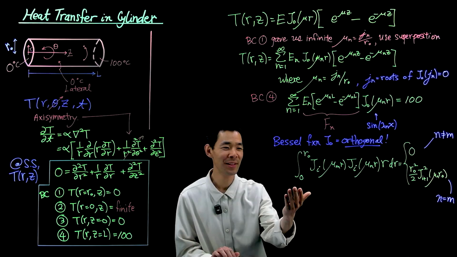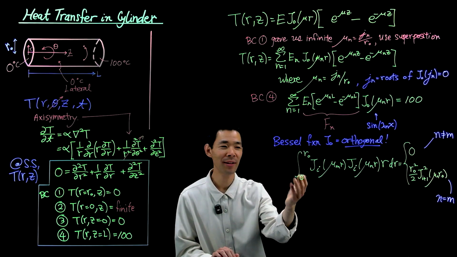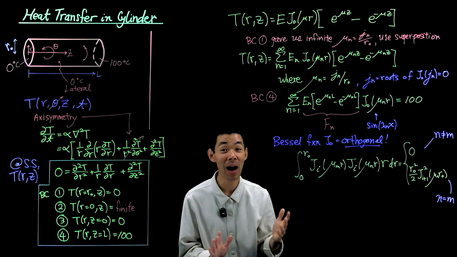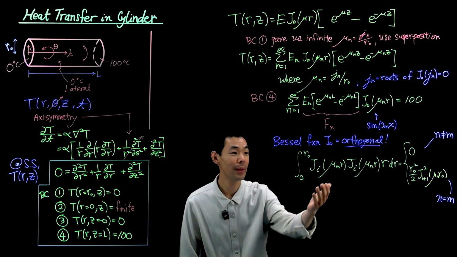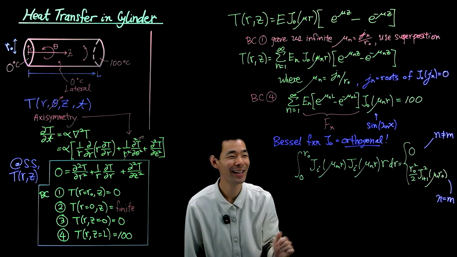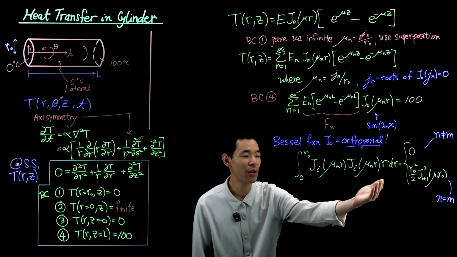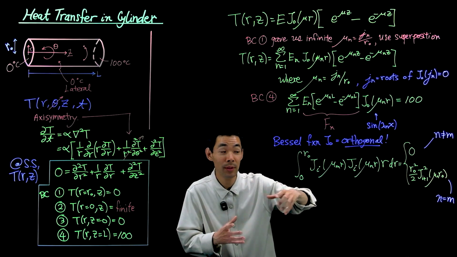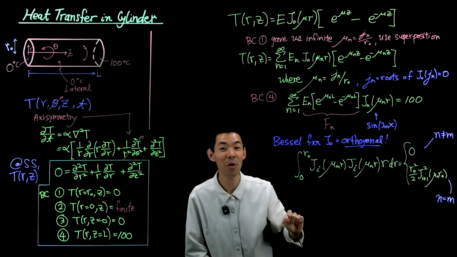There's a property that says if you integrate from 0 to r0 of the product of two Bessel's function, j sub i, so of arbitrary order, of two different indices n and m, integrated over the Jacobian r times dr. Again, you need the Jacobian because you're using cylindrical coordinate systems. You need a factor of r right there for the Jacobian.